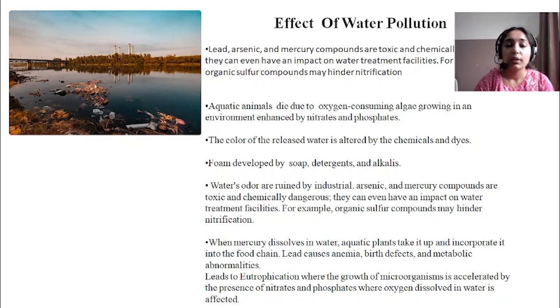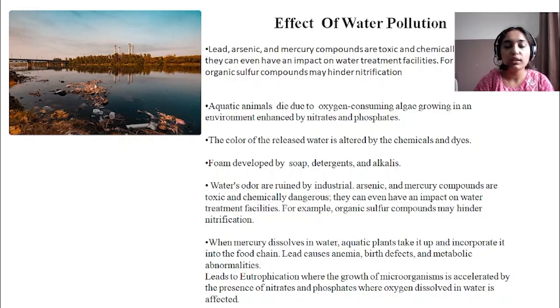Next, when mercury dissolves in water, aquatic plants take it up and incorporate it into the food chain. See, mercury is a very toxic chemical which, when it enters water bodies, is consumed by aquatic plants, and likewise moves forward with the help of the food chain.